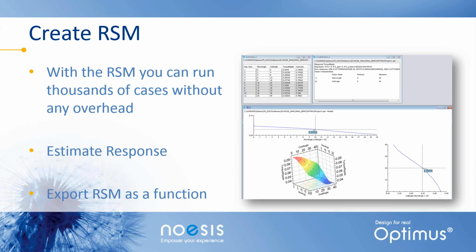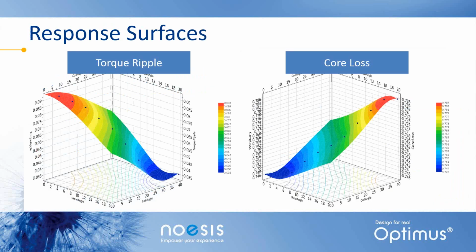So even though we only tested 0 degrees, 2 degrees, 4 degrees, etc., you can calculate what the response would be for any skew angle. The two response surfaces that you see here were created using a mathematical function called a radial basis function. You can see they're somewhat opposed, the torque ripple on the left and the core loss on the right.